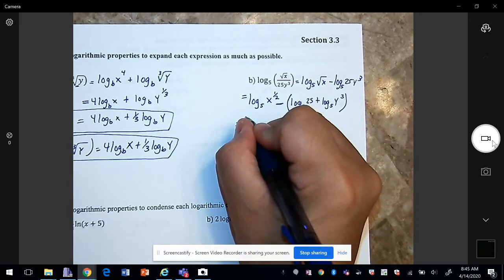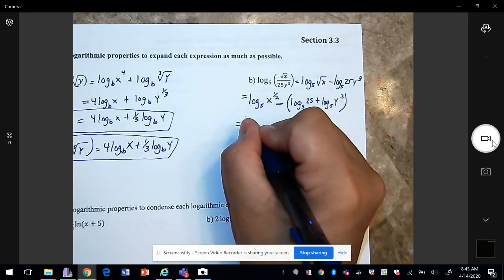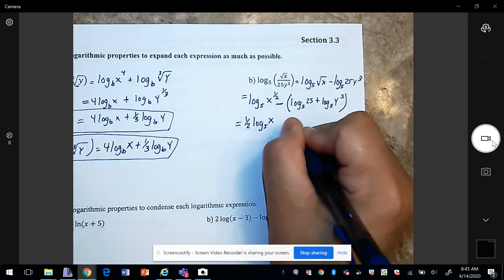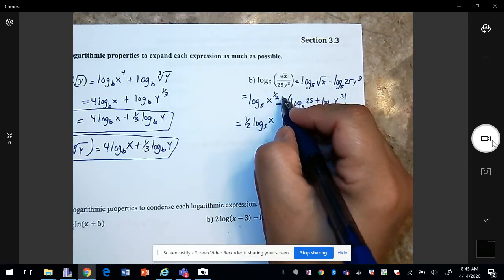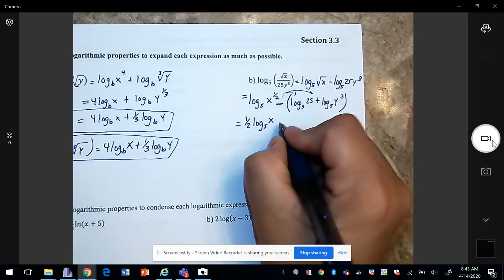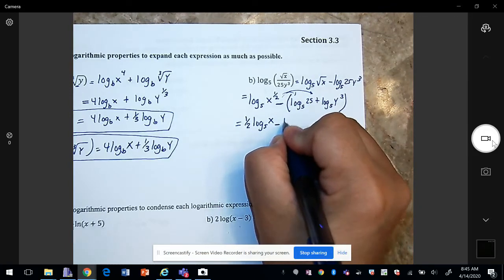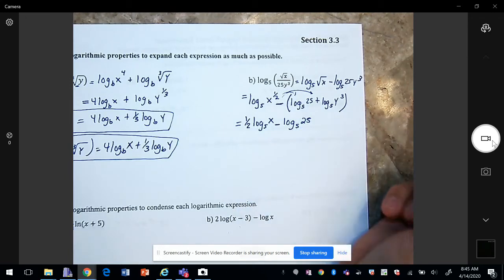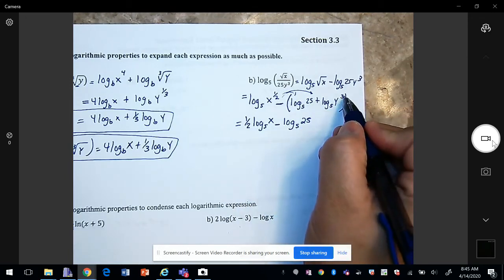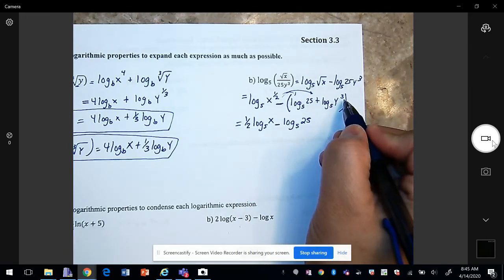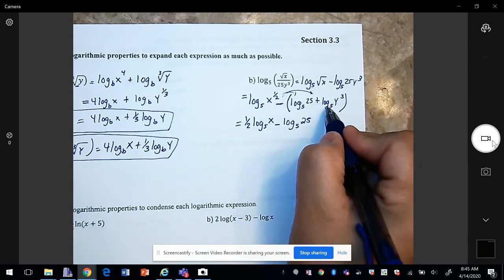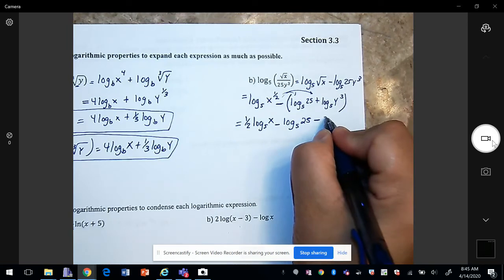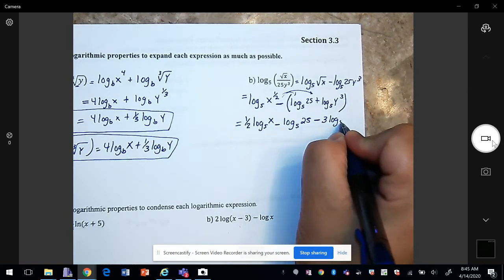So now we're left with, I'm going to take the exponent to the front using the power rule. I'm going to distribute the negative into the parentheses. So I'm going to have minus log base 5 of 25. And I'm going to apply the power rule for the y cubed. So negative times log base 5 of y cubed would be negative. Bring the 3 to the front using the power rule.